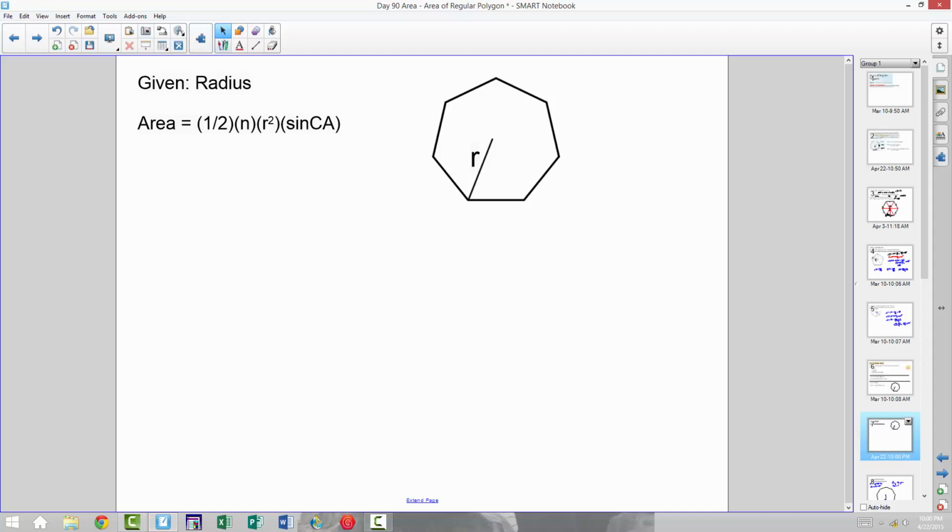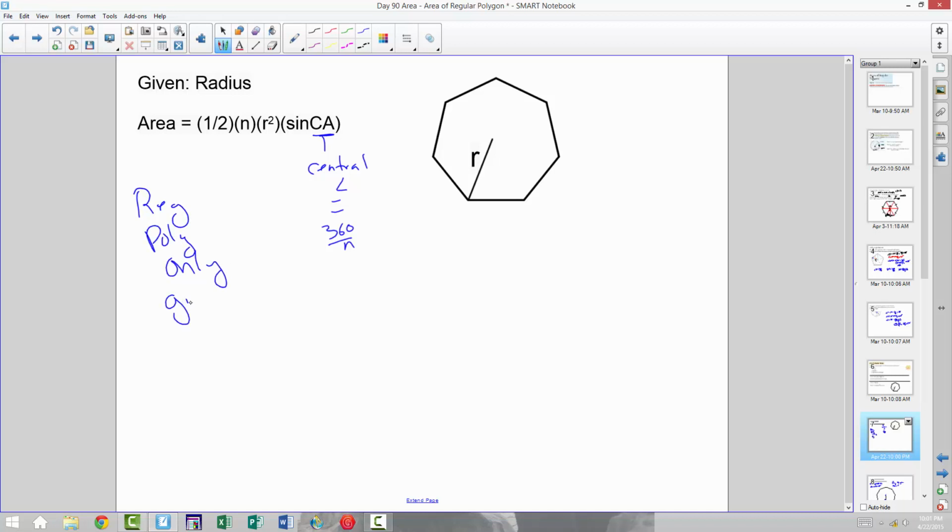So remember that CA is your central angle, which is equal to 360 divided by n. So let's use this case, and again, this is for regular polygons only, given a radius. So let's do an example.